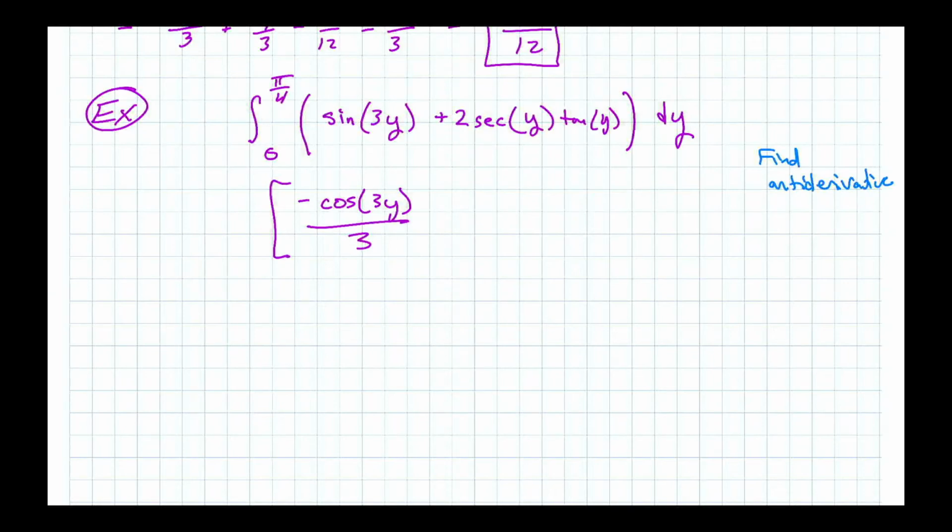So we've got this 2 along for the ride, so just 2. And when you see secant tangent, you ask what's the antiderivative of secant tangent? Well, that's secant. So what's the result? Secant y, which should be secant ky over k. K is 1.